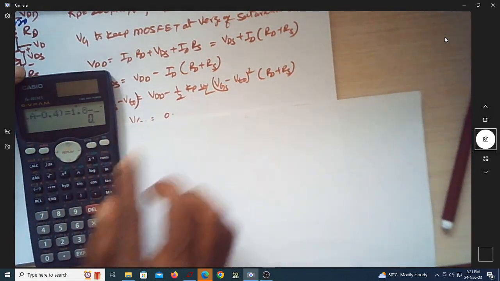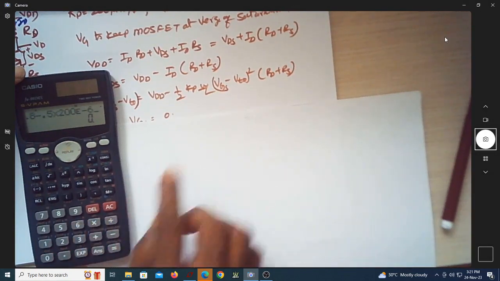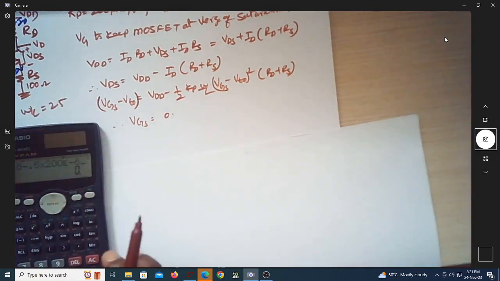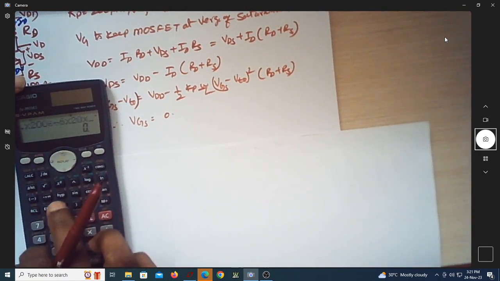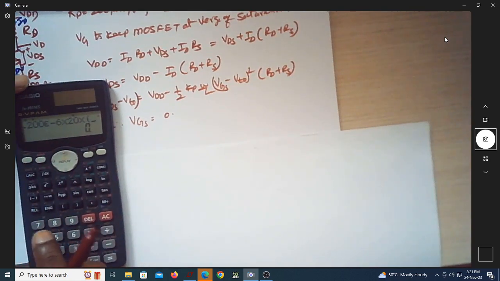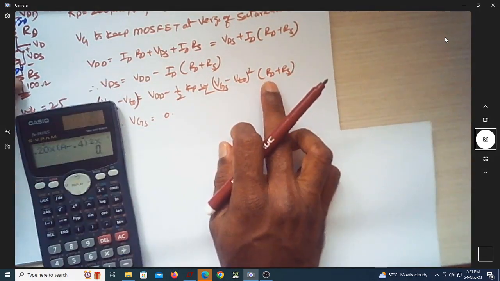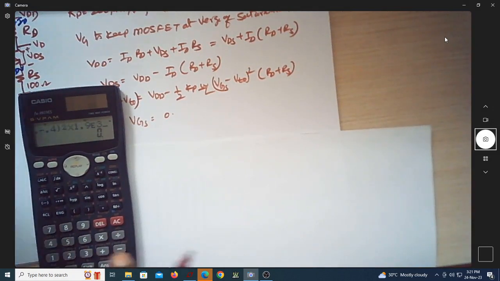1.8 minus 0.5 into 200 exponential minus 6, W by L is 25, so you can take 25 into 25 into again (alpha minus 0.4) whole square into, this is 1.8k plus 100, it is 1.9k, 1.9 exponential 3.